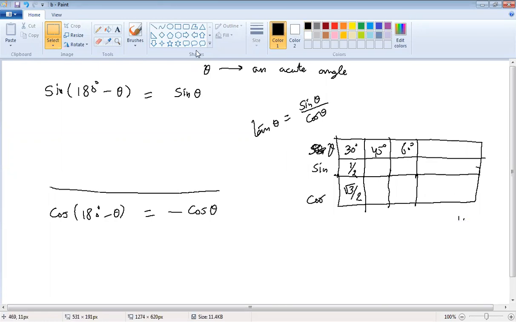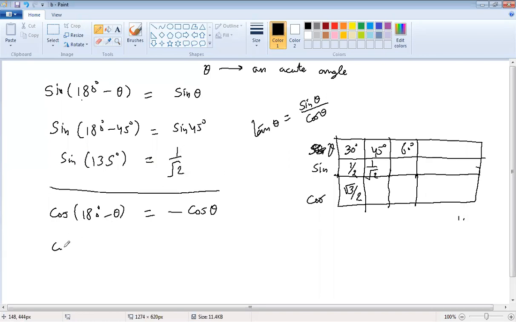Now we take theta equal to 45 degree. So on the left hand side we have sine of 180 minus 45, which is the same as sine of 45 degree. So sine of 135 degree is equal to sine 45. You know it is 1 by root 2.